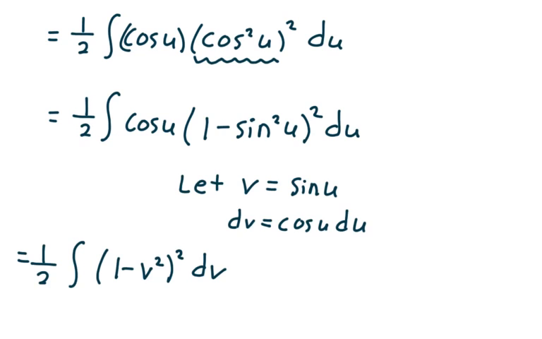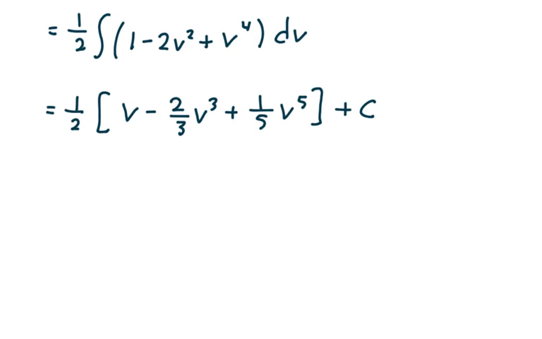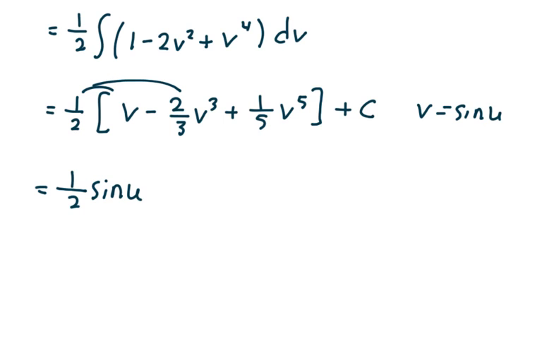But remember, v is sine of u. So I would do this a little bit at a time. So if you don't mind, I'm going to distribute the half in. So I'm going to get 1/2 sine of u minus 1/3 sine cubed u plus 1/10 sine to the 5th u plus c.